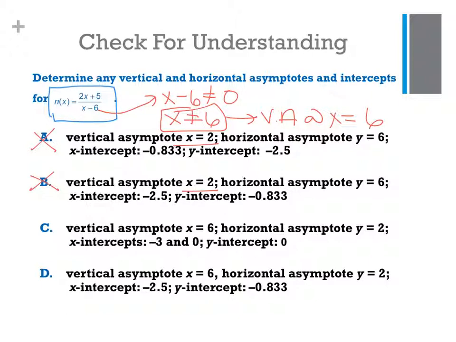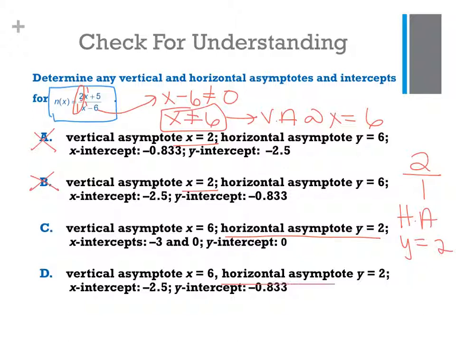Moving on, if you look at your horizontal asymptote, because our degree is the same on top and bottom, the highest exponent or power in the numerator and denominator is the same, then we go to the coefficients and divide them. So 2 divided by 1 is equal to 2. So we're going to have a horizontal asymptote at y equals 2, which both C and D state.